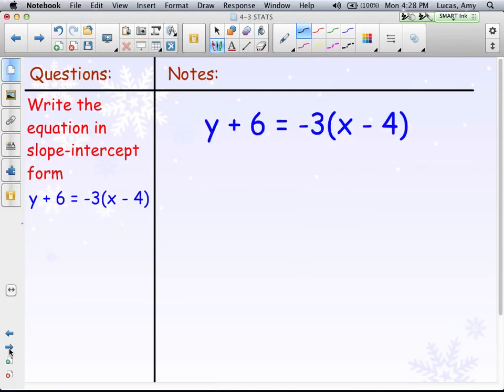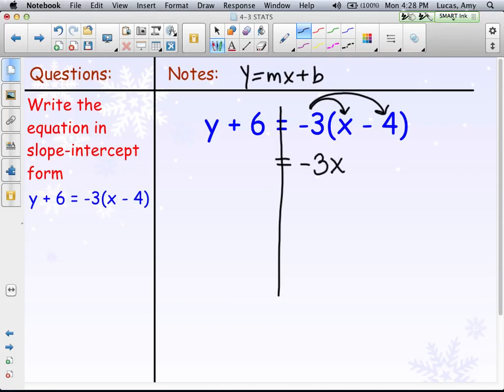On this next one, there's a little bit more to it. To get this one in slope-intercept form, I see parentheses on the right-hand side, which are common in point slope form. So I'm going to have to use my distributive property and multiply both of these things in the parentheses by -3. So -3 times x is just -3x. -3 times -4 is +12.